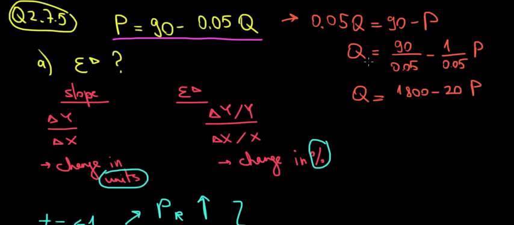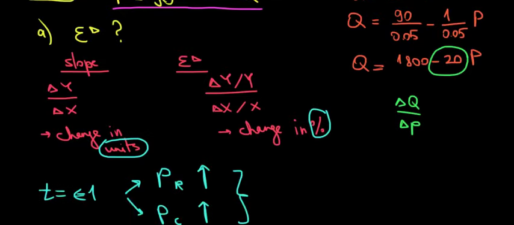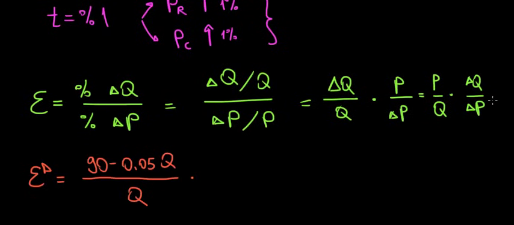Okay, now with this in mind, we can answer our question about the slope there. What is delta Q over delta P? That's literally our slope. It's over here. It's minus 20. And we can use this number in our formula because we need it. Delta Q over delta P is equal to minus 20. So if we do some math and open the brackets, we would have 90 multiplied with minus 20. That would be equal to minus 1800.